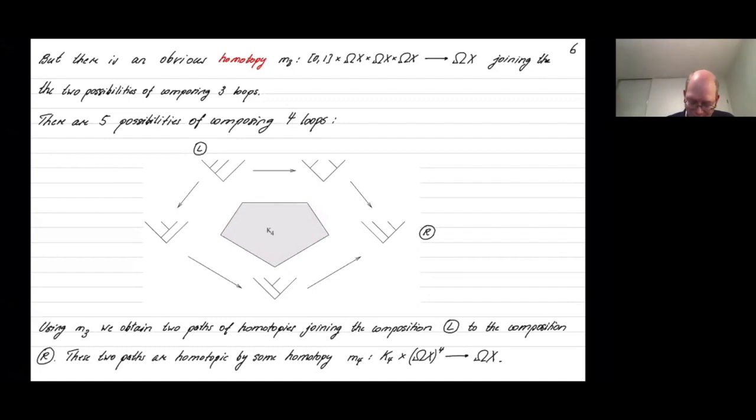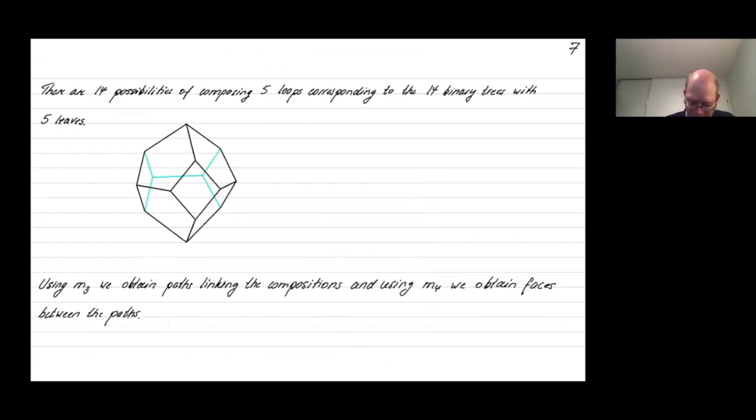So we have these compatibility relations which come from the inclusion of these boundary faces. Similarly at the level of the third associahedron, we have these faces, these pentagons, which correspond to operations M4. And so these are compatibility conditions which the operations have to satisfy.